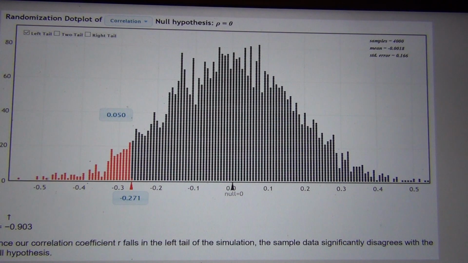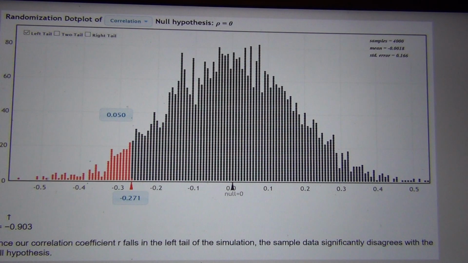If we're using a 5% significance level in a left-tailed test, we can put 0.05 in the left tail, and we see that our critical value for our R was -0.271. If you were using a traditional program like StatCato, it would give you that critical value. But this is a nice picture of what's going on.